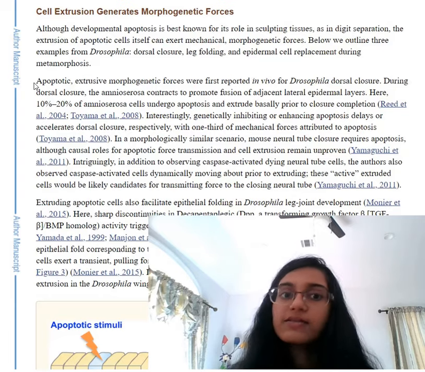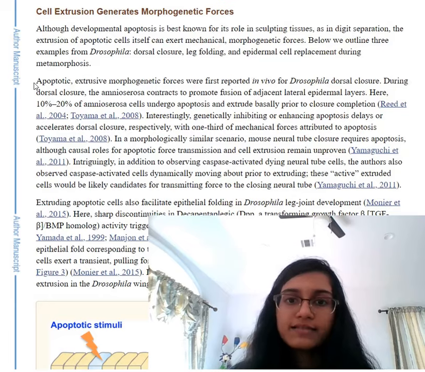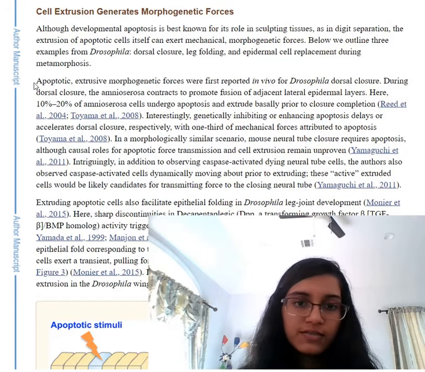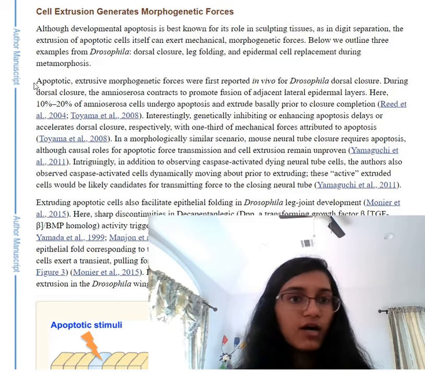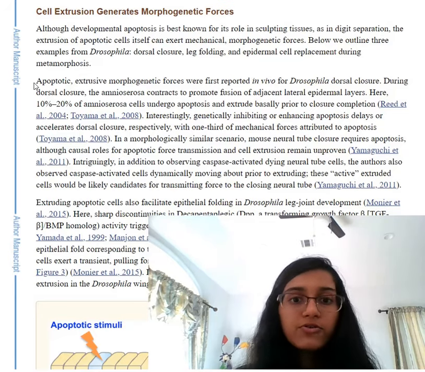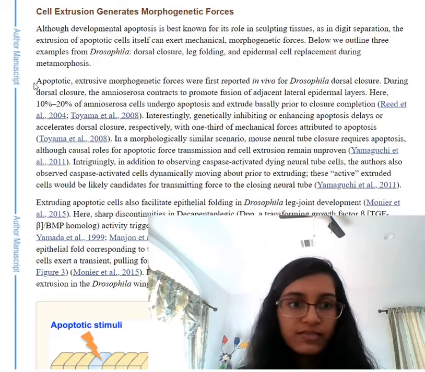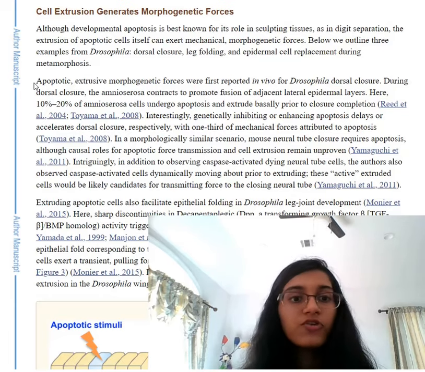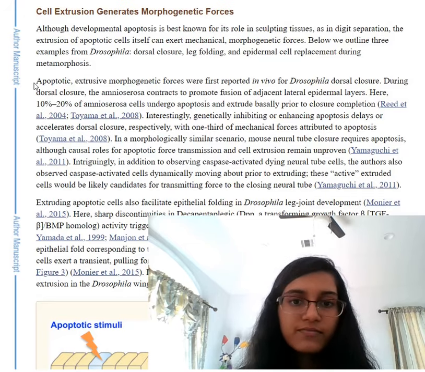Okay, so let's see what happens after that. They say that, interestingly, genetically inhibiting or enhancing apoptosis delays or accelerates dorsal closure, respectively, with 1/3 of mechanical forces attributed to apoptosis. That makes sense, nothing too complicated there. In a morphologically similar scenario, mouse neural tube closure requires apoptosis, although causal roles for apoptotic force transmission and cell extrusion remain unproven.